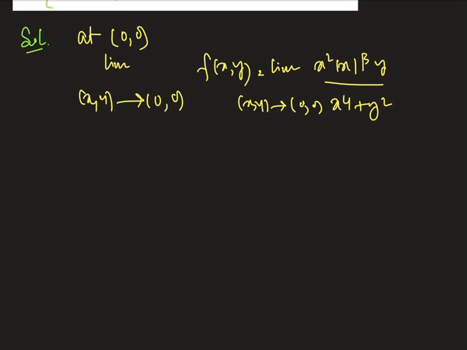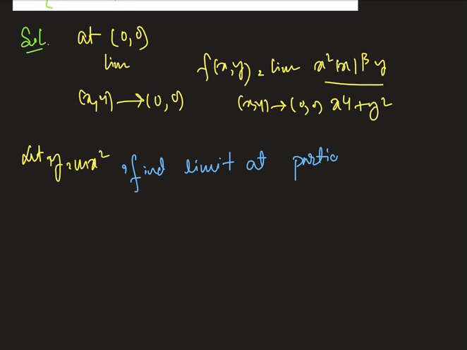Okay, now let y equal m x squared, and find the limit at the particular path y equals m x squared.